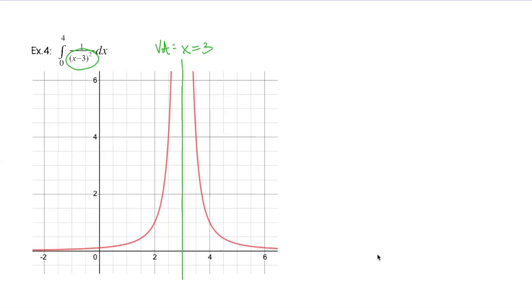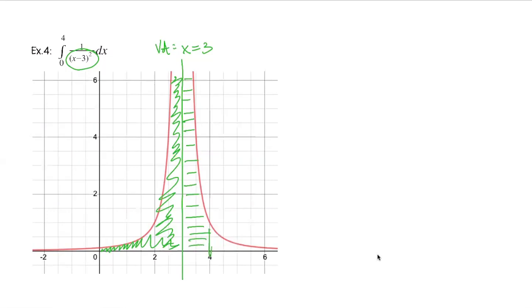And so our question is, I want to find the area from 0 to 3. And then I know there's a gap in the function. Then separately, I want to see what about this area on the other side from 3 to 4.